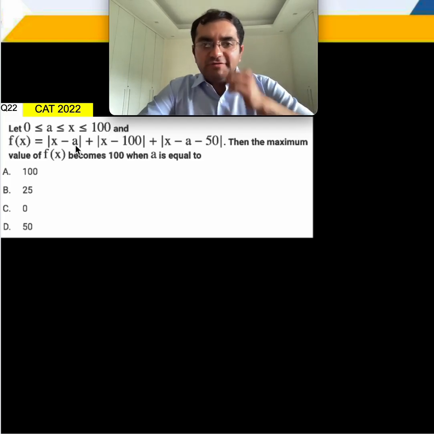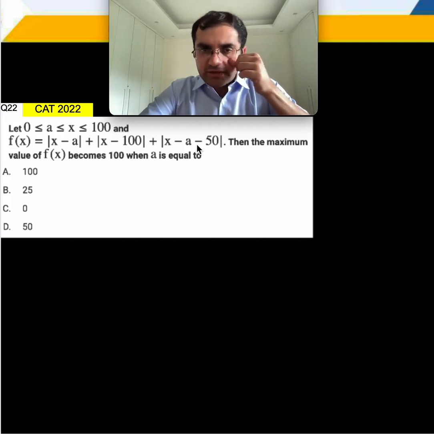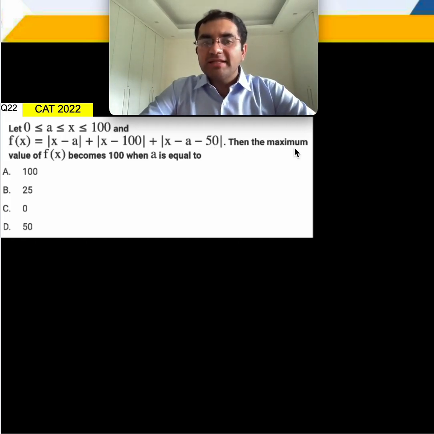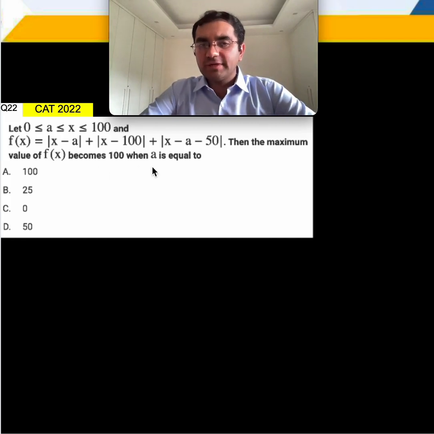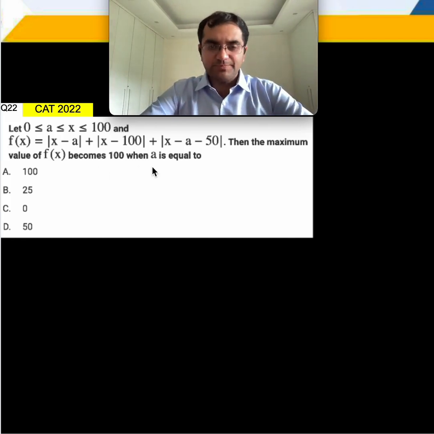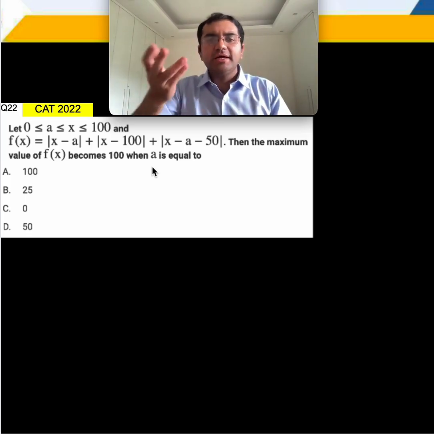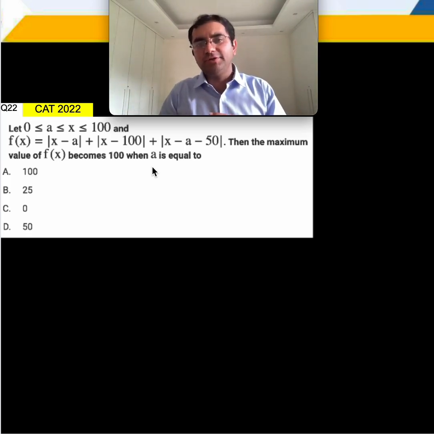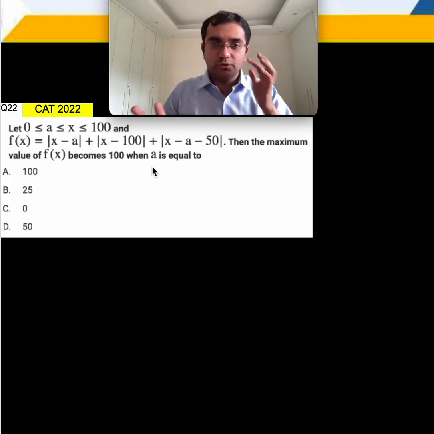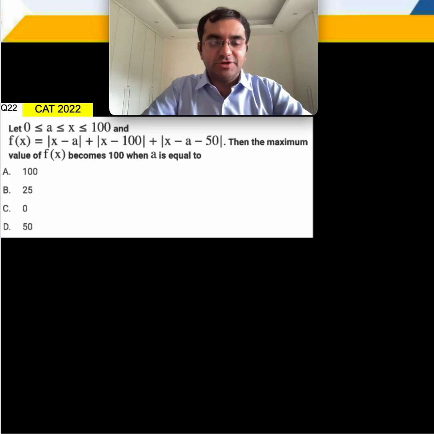For different values of a you will get different fx values, and then the maximum value of fx becomes 100 when a is equal to. So आपको simply function plot करना है, and you have to check कि maximum value 100 है क्या. That's all you have to do. So this seemingly difficult question actually becomes very straightforward.